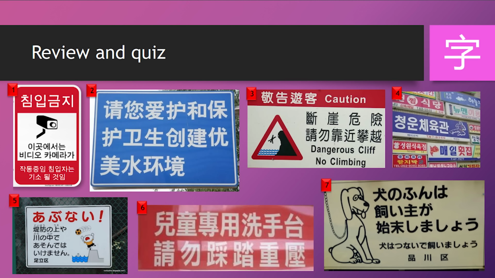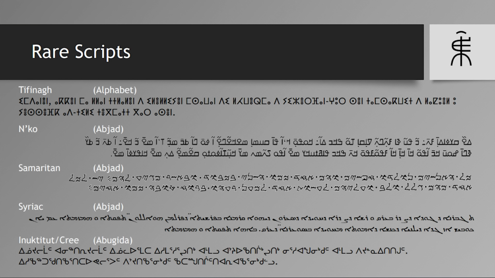All right. So my collection here today also includes a number of scripts which are very, very rare. They're still living languages, but in many cases the samples I have here are examples of the only publication which still uses the script at all. In fact, the Cherokee newspaper has actually now ceased printing, and so now it could be classified as a dead language.